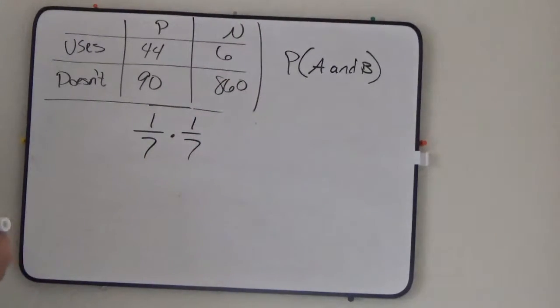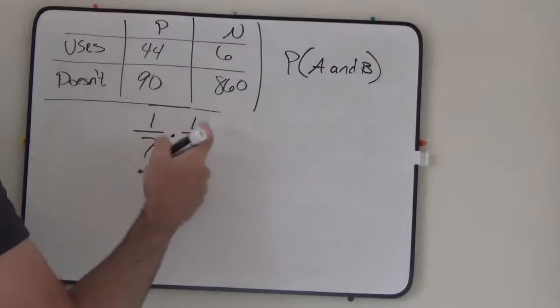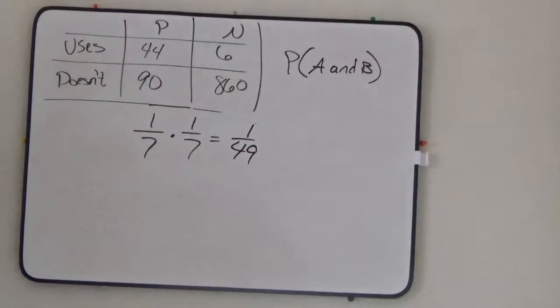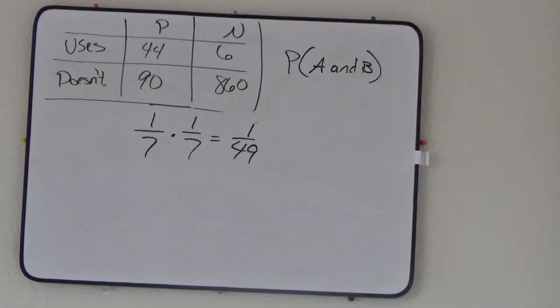We multiply this out and get a 1 in 49 chance of them being born on a Monday. These are independent events because the first person's birthday does not affect the second person's birthday. We don't have to subtract one or anything, and that gives us that answer.